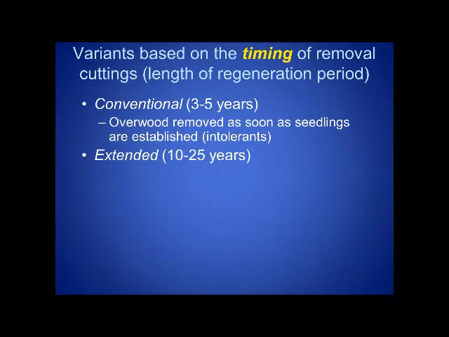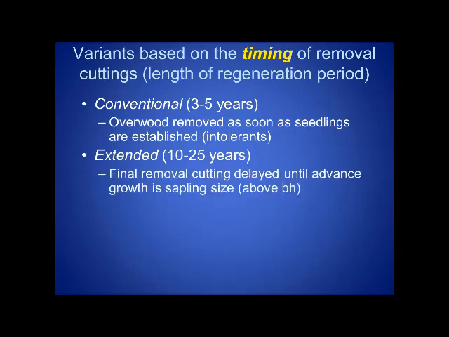Depending on the overwood density, that would take 10 to 20 years, depending on when you start. But again, the overwood would eventually be removed, unless you're making more complicated structural decisions here. The defining feature is you wait until the trees are saplings, above breast height, and then you remove the overstory, so they have a head start.